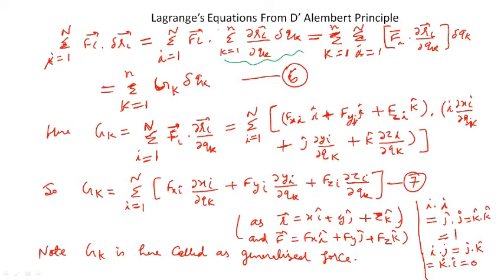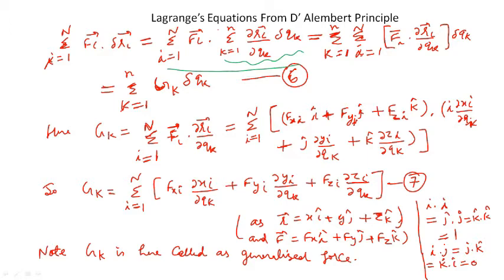We can arrange this term as sigma k from 1 to small n, sigma i from 1 to capital N Fi into del Ri over del Qk into delta Qk, because a particular particle can have either one generalized coordinate or more than one generalized coordinate.